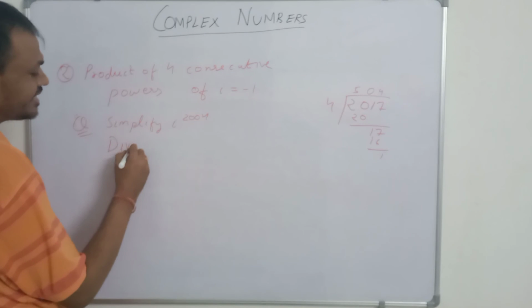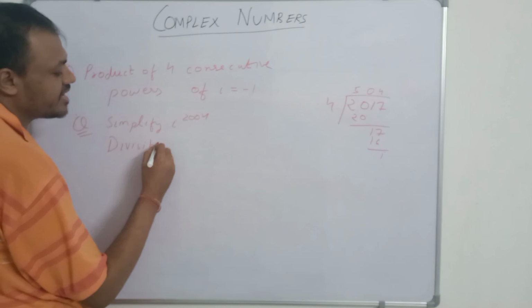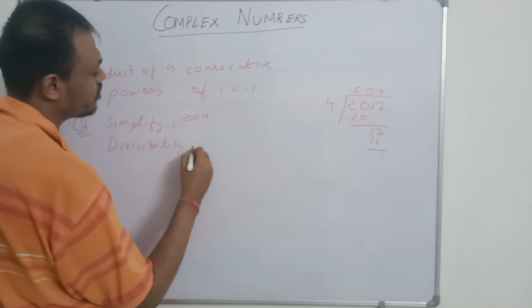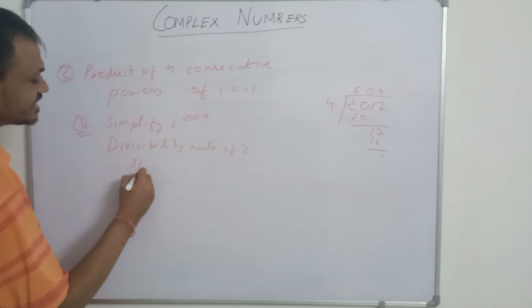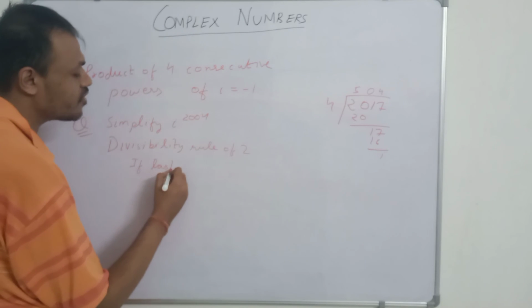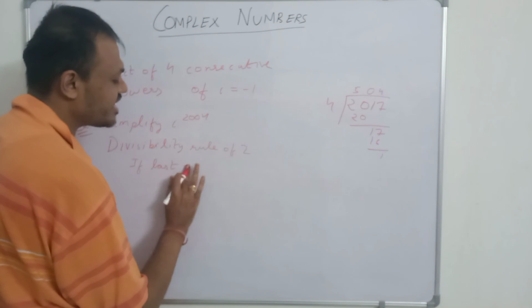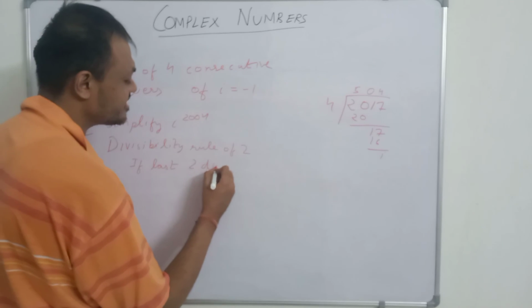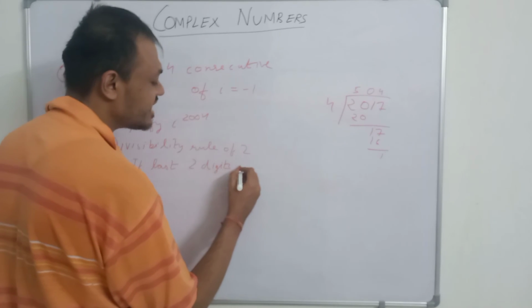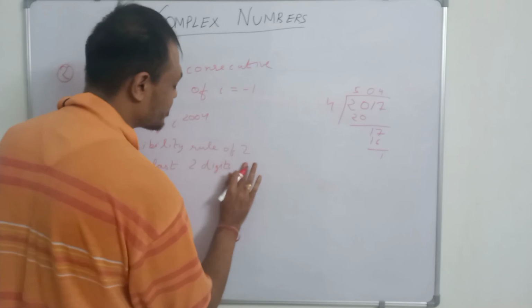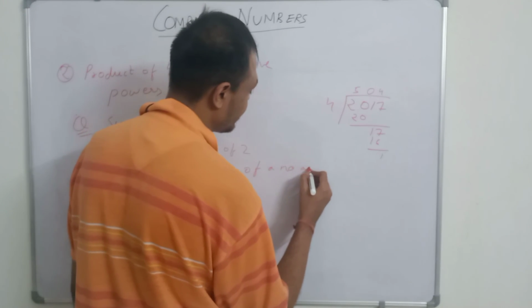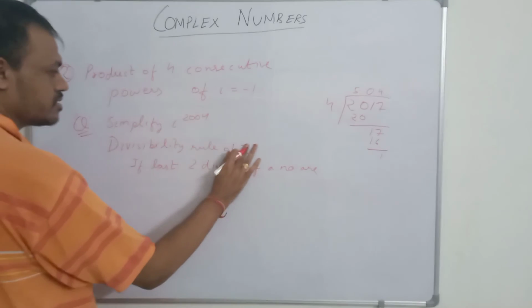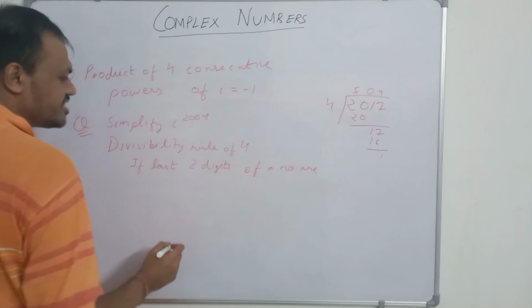The divisibility rule of 4 is very important here. If the last two digits of a number are divisible by 4, then we can say that the number is divisible by 4. This is the divisibility rule of 4.